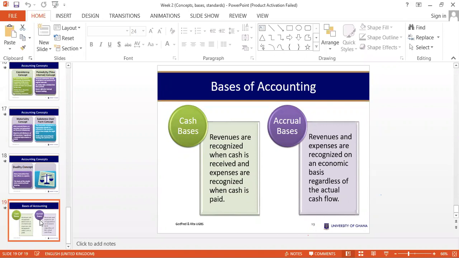On the other hand, you could also engage in the transaction with or without having received cash. And the question is, will you record it? So that is the accrual basis, okay? That allows us to record transaction irrespective of whether we have received cash or not.